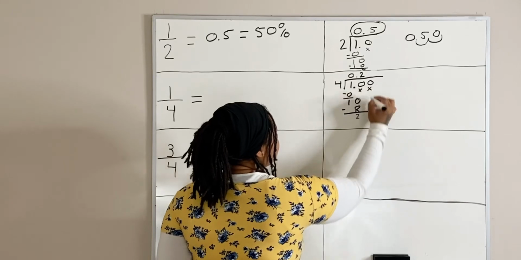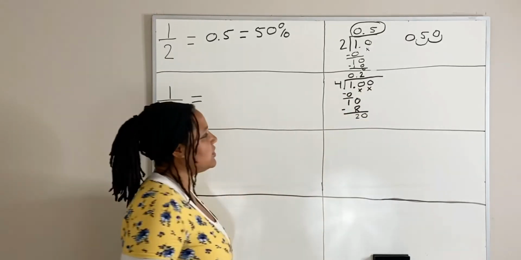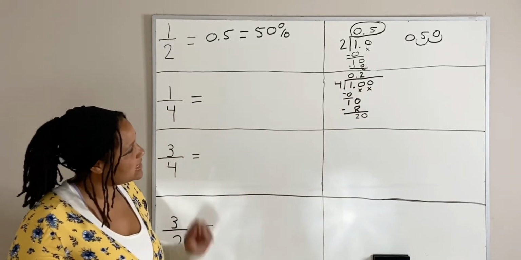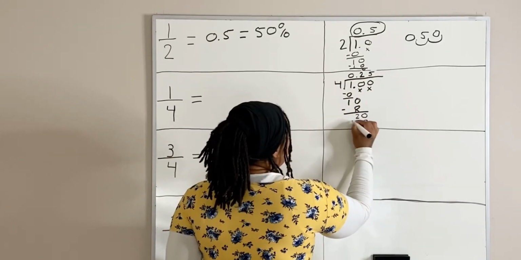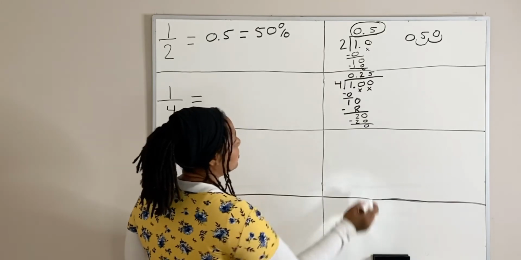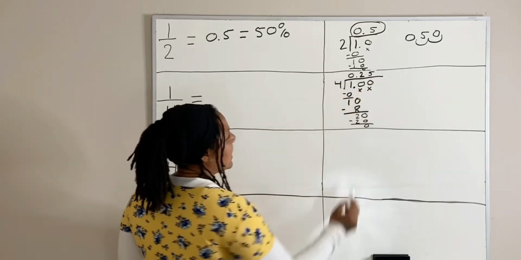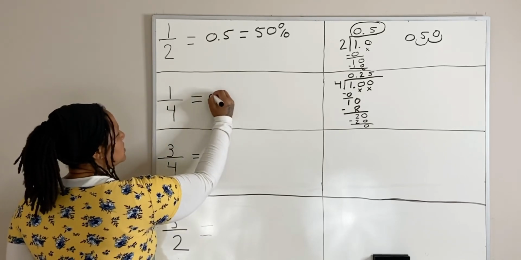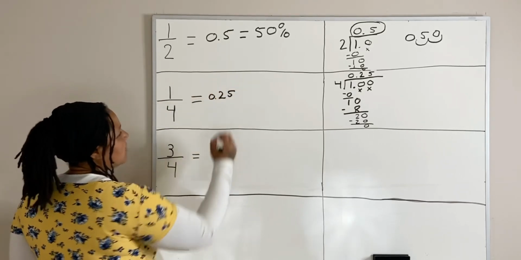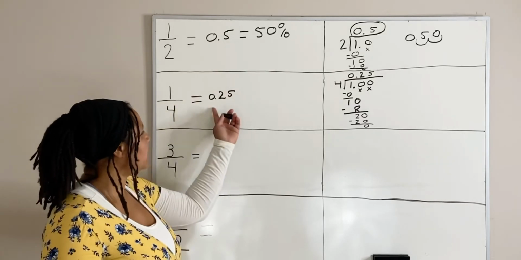Now we need to bring down our next 0. So 4 goes into 20 5 times. 4 times 5 is 20, and we have no remainder, so we can allow what we have up here to be our decimal. So 1/4 is equal to 0.25.